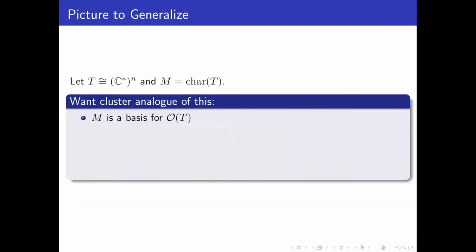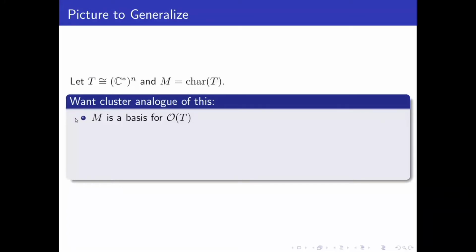So the picture that we really want to generalize now is this. So we're starting with a torus T, an algebraic torus, and M, the character lattice of our torus. And we want a cluster analog of this picture.